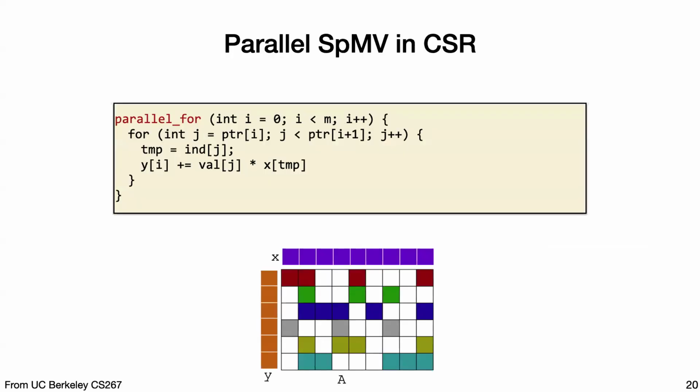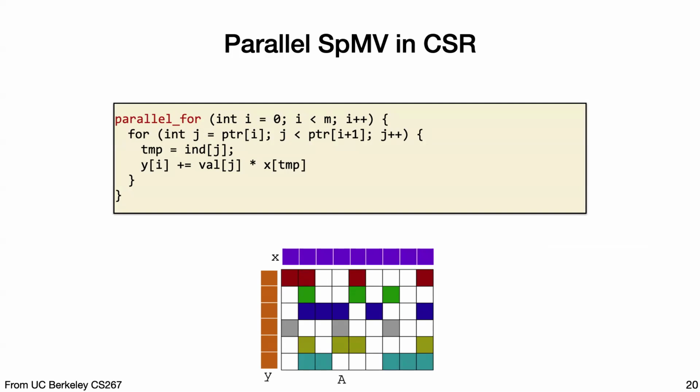So in terms of parallelization, the parallelization schemes are pretty much similar to what we have done before in dense matrix vector. The first most straightforward way we can do this is we just stick a parallel for over the iteration over the rows. Because every entry of Y is separate.